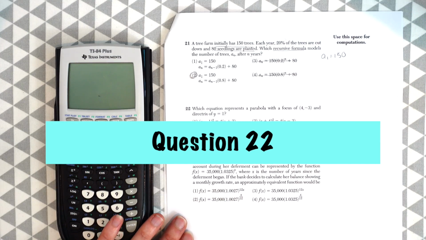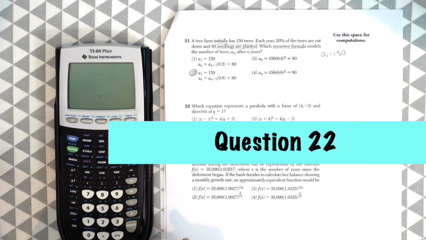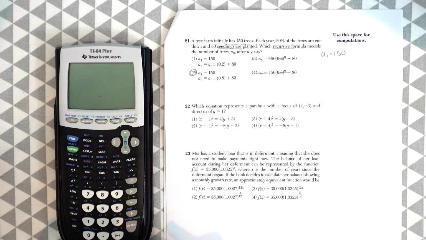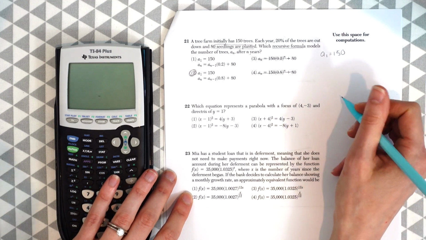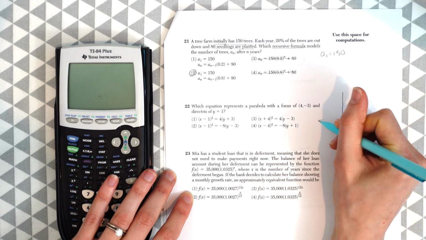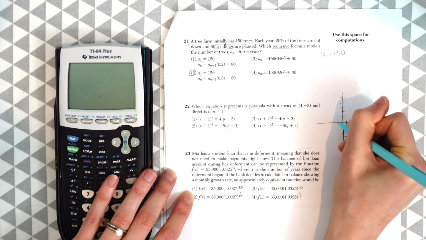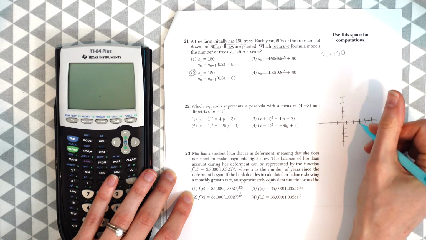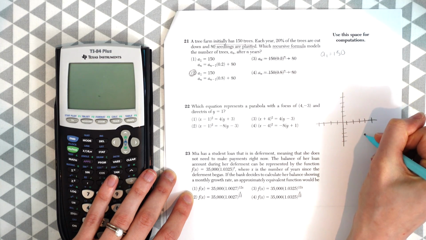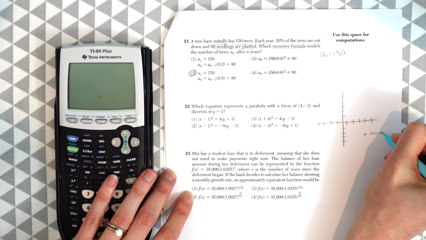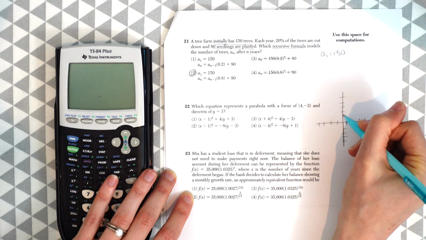Question number 22. Which equation represents a parabola with a focus of 4, -3, and directrix of y equals 1? So let's draw out what this looks like. So we have the focus, and then the directrix is y equals 1.